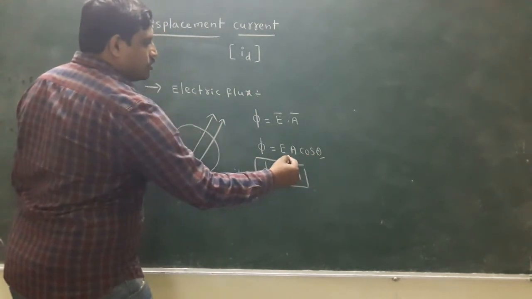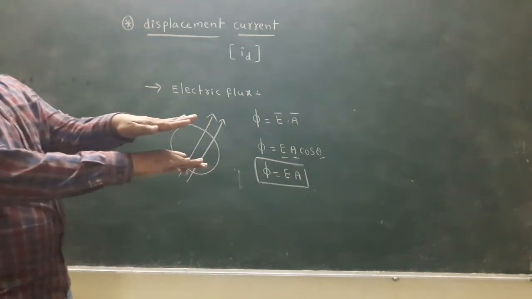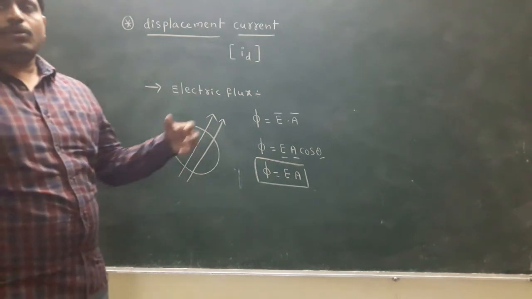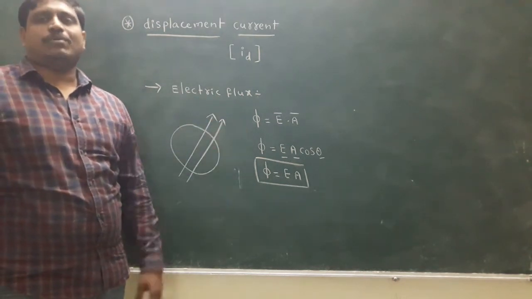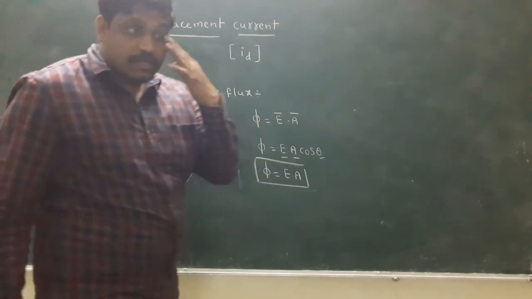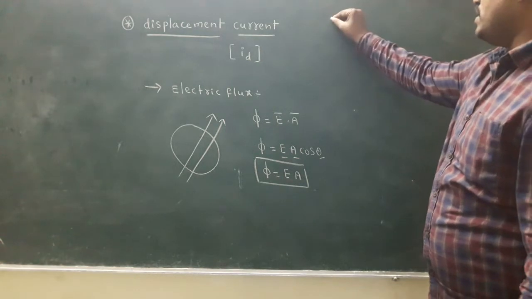Here theta is the angle between E and A. E and A are both parallel, so the flux is maximum. The maximum flux formula is EA. Here the flux unit is Weber.